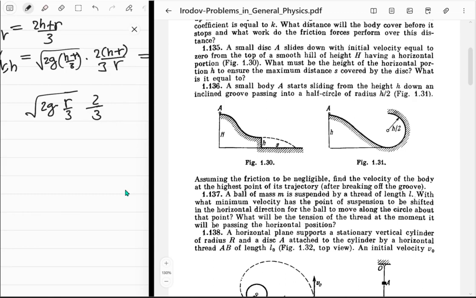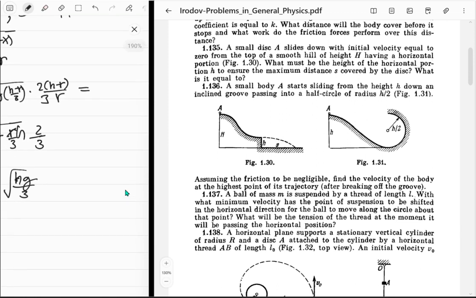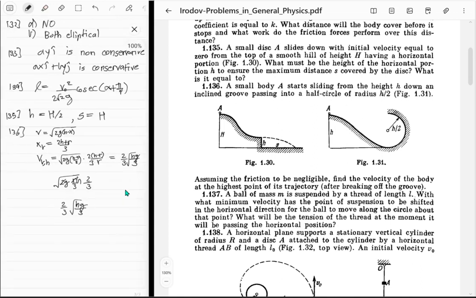Okay. And then 2r is just h. So this just becomes 2/3 square root of hg, and that upon 3. Alright, next.